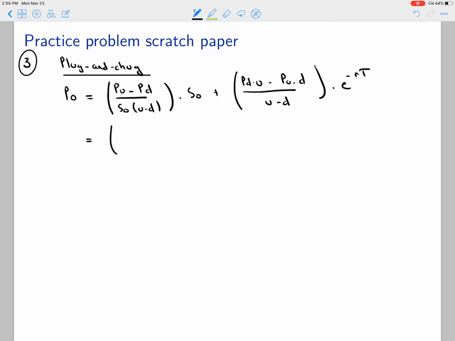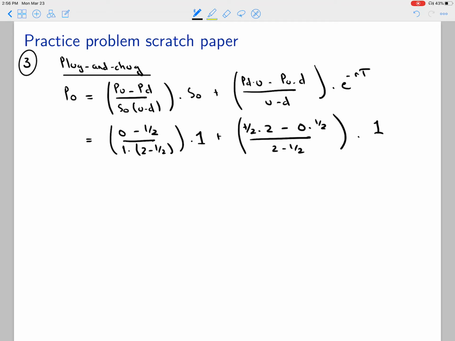PU is 0, PD is minus 1/2, S0 is 1, U is 2. Finally, plug in the inputs. I won't read them out, I'll just write them down. Half times 2 minus 0 times 1/2, 2 minus 1/2. Price of the bond is 1.